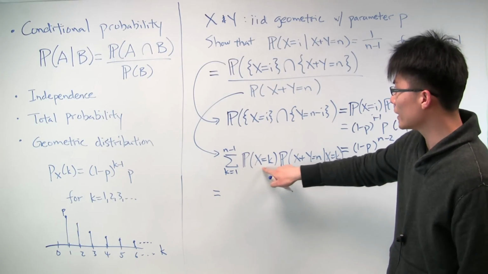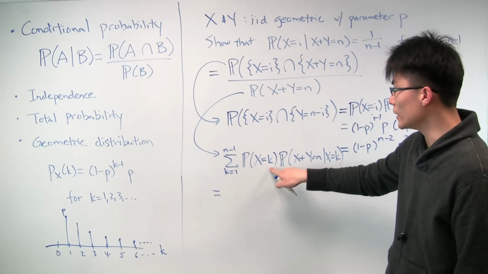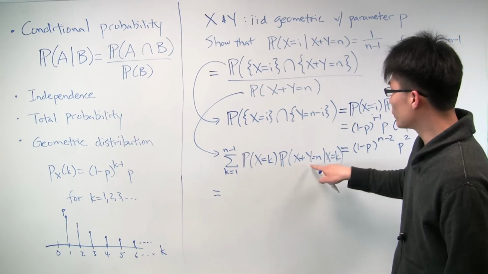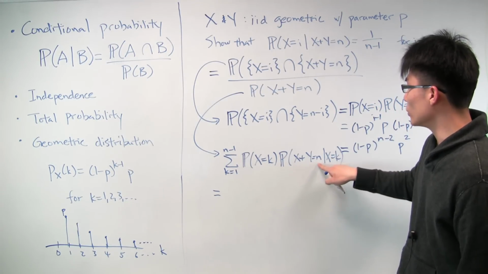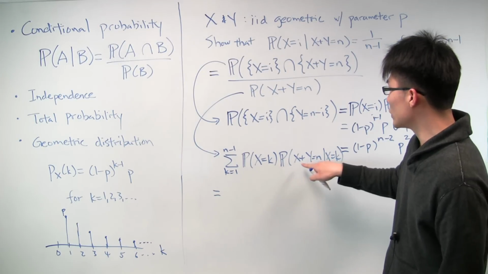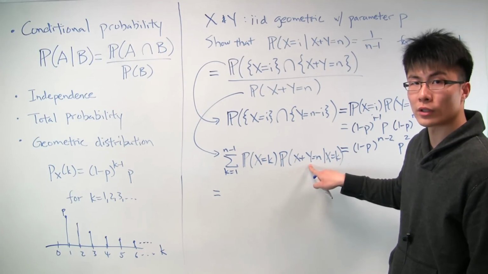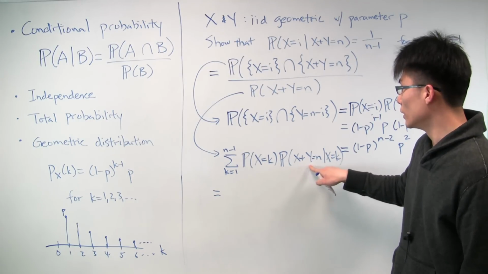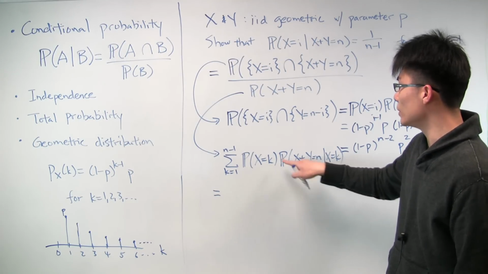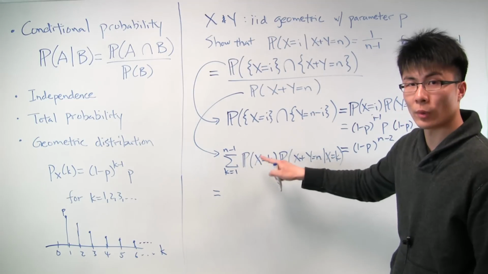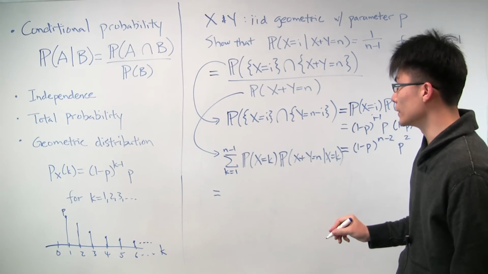We know that x is a geometric random variable, so it has to be at least 1. You need at least one flip to get heads. And in order for x plus y to equal n, the most that x can be is n minus 1, because y is also geometric, so y also has to be at least 1. So in order for them to sum to n, x can be at most n minus 1. So that's why we sum this. And this forms our partition and how we applied total probability.